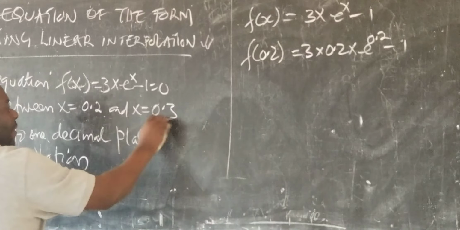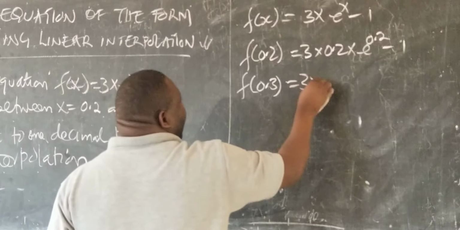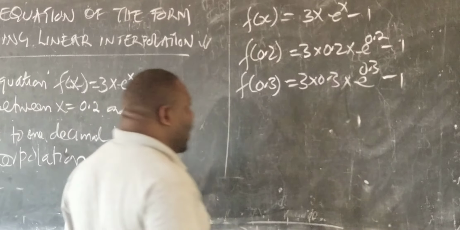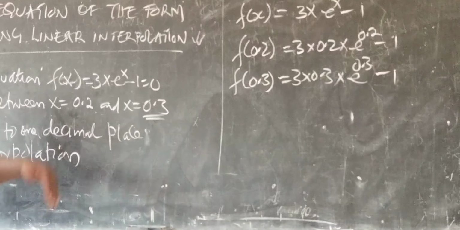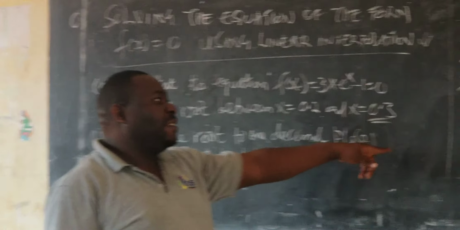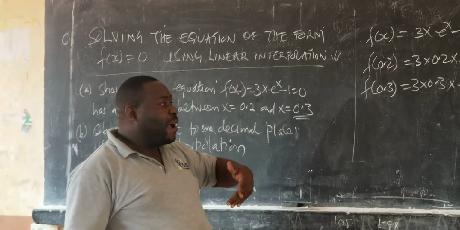Then f(0.3) is equal to 3 times 0.3 times e to the power 0.3 minus 1. If we see a change of sign in the function, then we conclude that there is a real root within this interval. We're going to see how we make a conclusion.